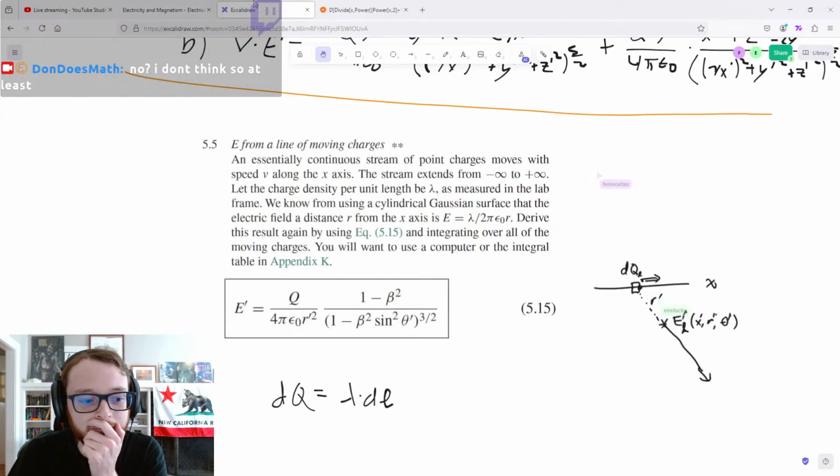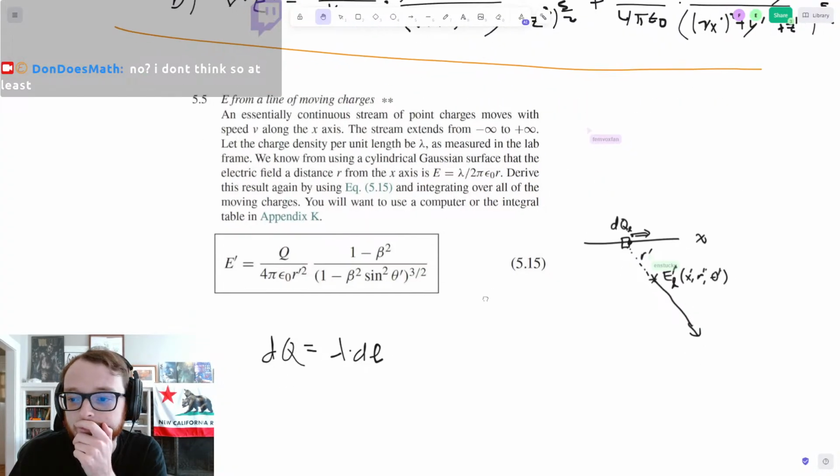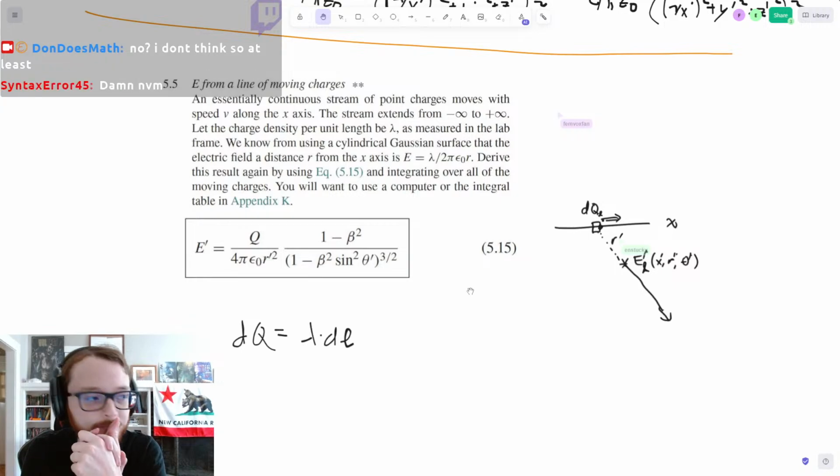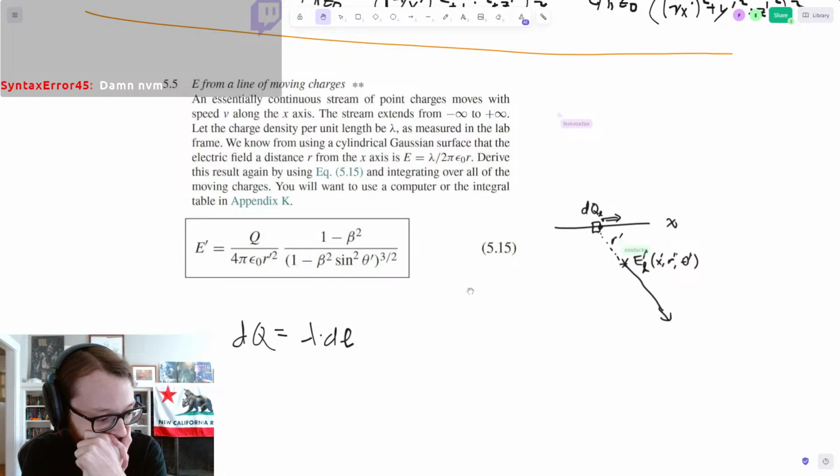If you have this infinite line of point charges that are moving with a current in the x direction, and we want to find the electric field at a point off of that line, can we turn it around and assume that the line of charge is fixed, and then consider the point where we're trying to find the field as moving in the opposite direction with speed v? Is that legit, or does it not work that way?